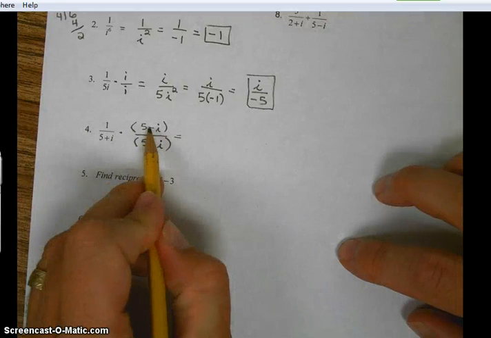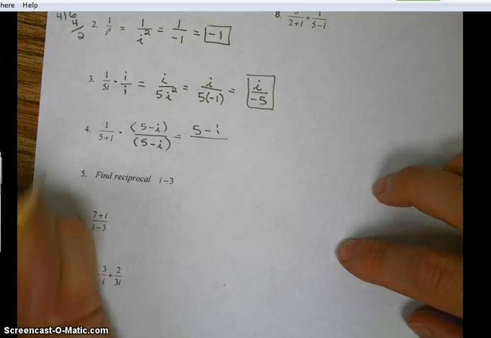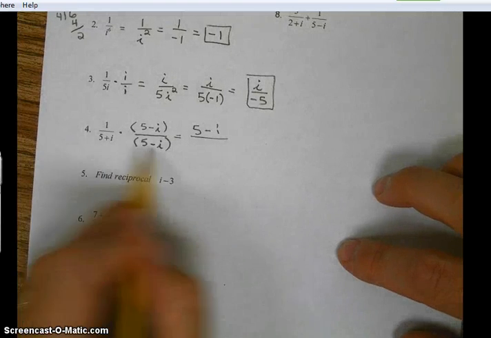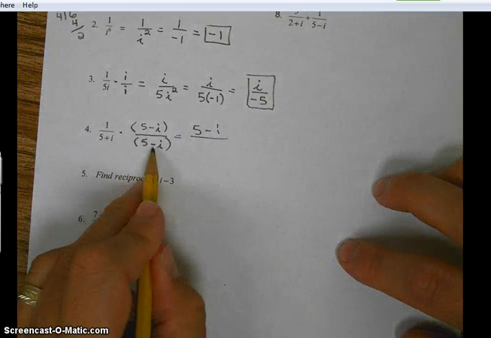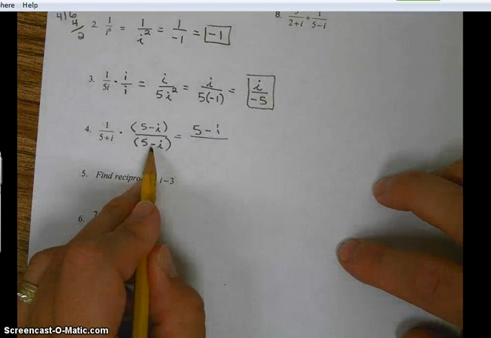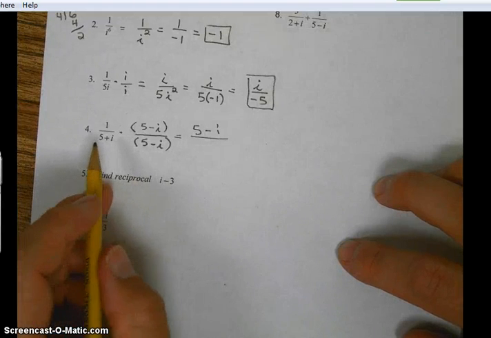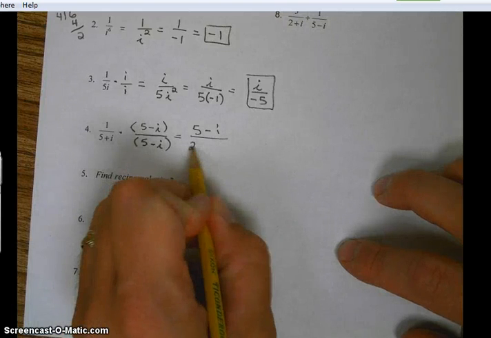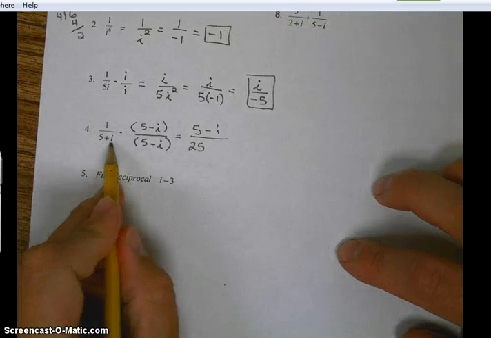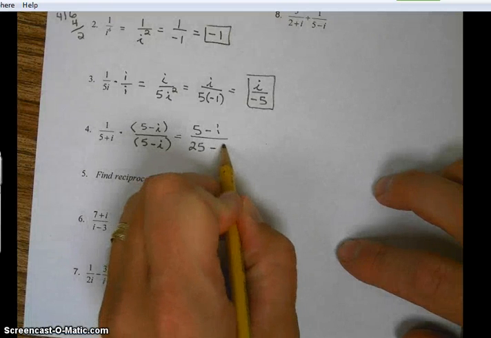Okay. 1 times 5 minus i is just 5 minus i. Now we're going to have to FOIL this. Now remember, when you're multiplying conjugates, there is no middle term. So really, all we need to do here is do the first and the last terms. So 5 times 5, and then i times -i, which is -i squared.